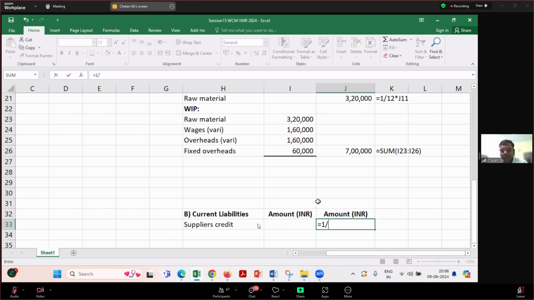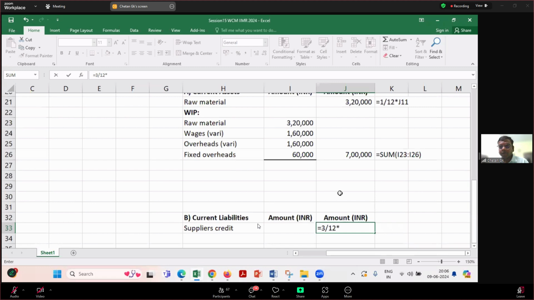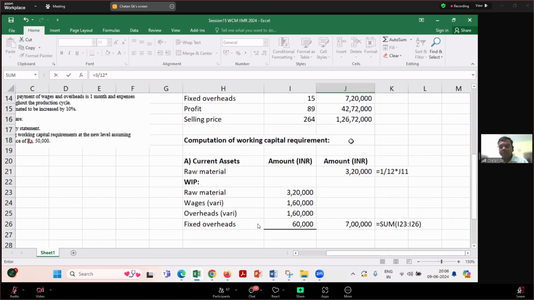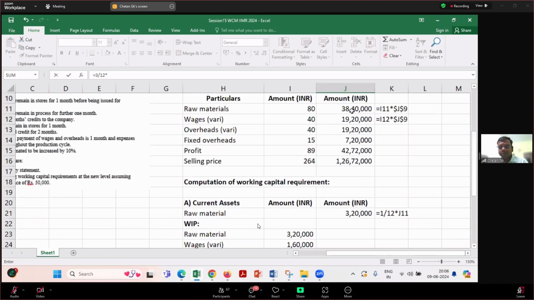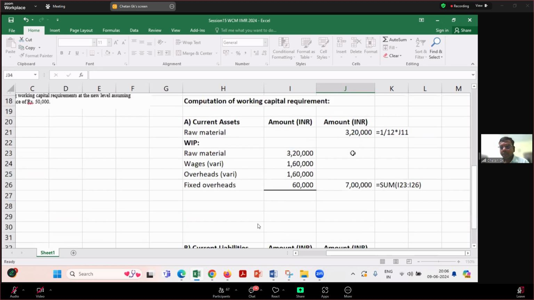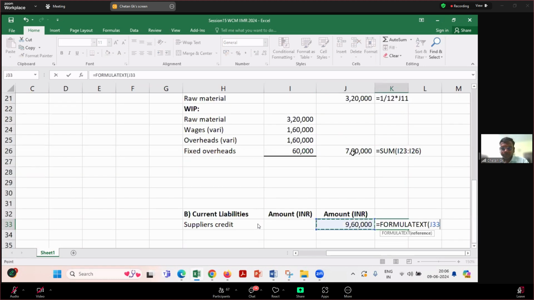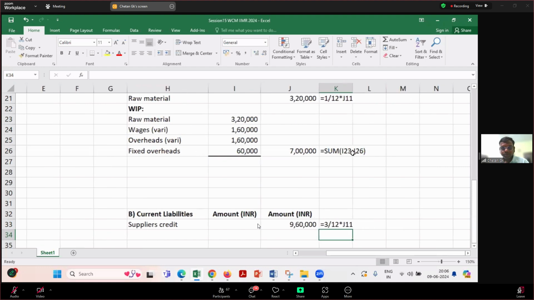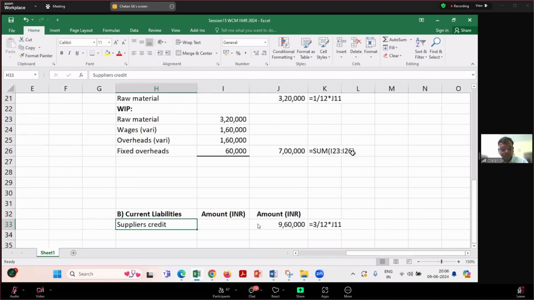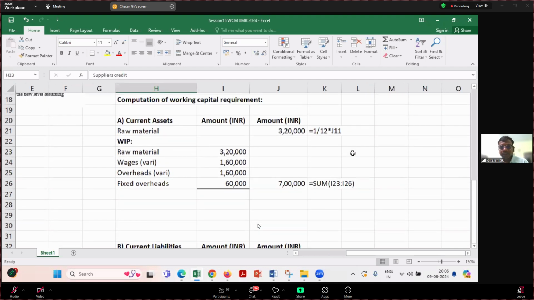So 3 by 12, or 1 divided by 4. Both are the same. Suppliers are giving us the raw material, so I click raw material and enter. Is it fine? Let us go to the next one.